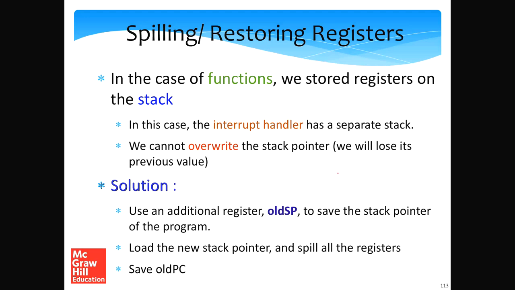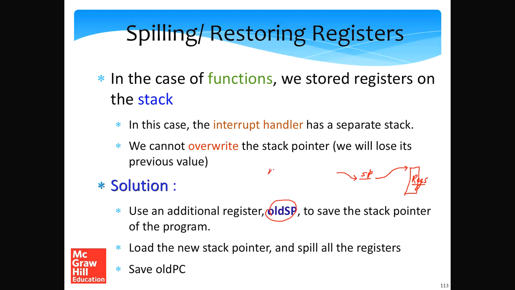Let's consider that we have a program and its stack pointer is pointing somewhere. If we want to save registers on the interrupt handler stack, we'll have to overwrite the value of the stack pointer such that it points to somewhere else where all the registers can be saved, and this will kill its previous value. So we add an additional register called old SP to save the stack pointer of the program.